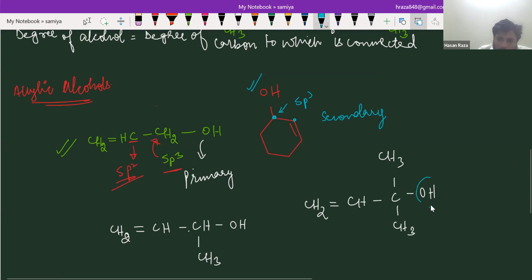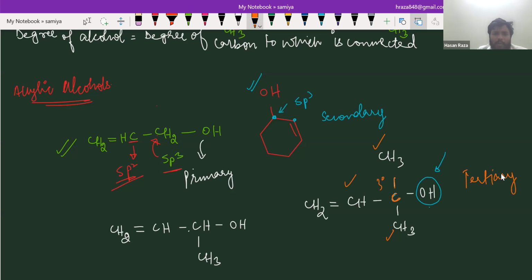So what you need to see, Madhya, if you are going to calculate the degree of this alcohol, is the degree of the carbon attached to it. And in order to calculate the degree of carbon, just see to how many carbons it is directly attached. This carbon, and this carbon. It is directly attached to 3 carbons. That means it is 3 degree. That's why it is tertiary alcohol, because OH is connected to a tertiary carbon.